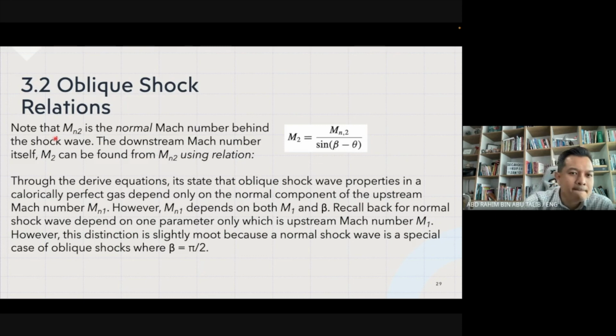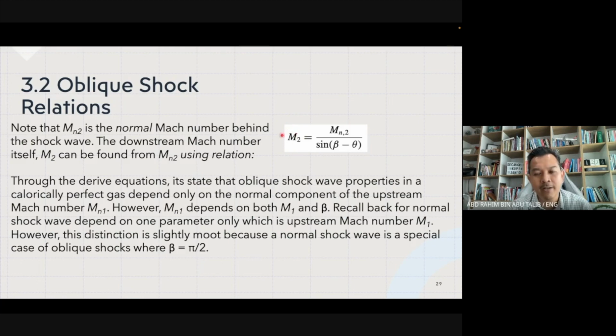Note that Mn2 is the normal Mach number behind the shock wave, and Mn1 is the normal Mach number before the shock wave. The downstream Mach number itself, M2, can be found from Mn2 using this relation.